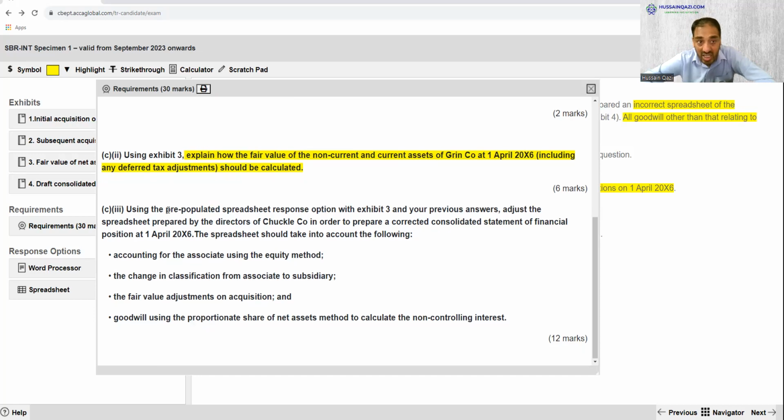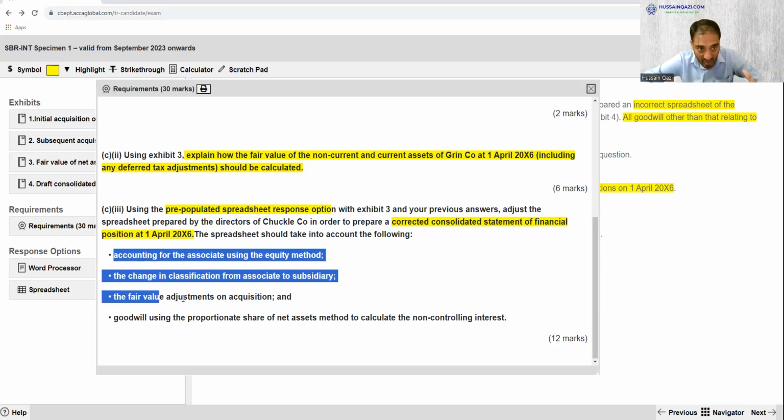And C3, using the pre-populated spreadsheet option and exhibit 3 and your previous answer, adjust the spreadsheet prepared by Chuckle in order to produce a corrected consolidated balance sheet.